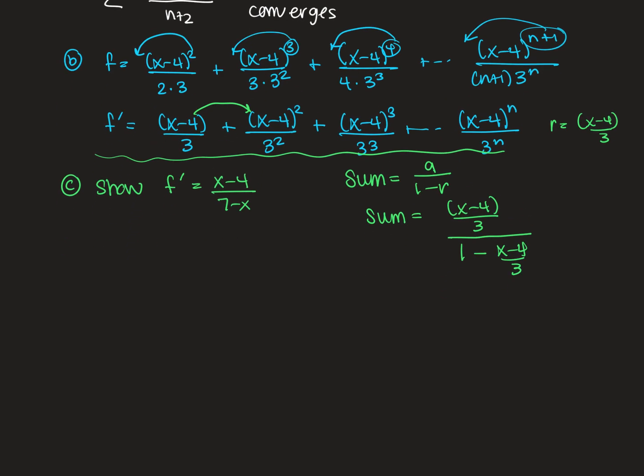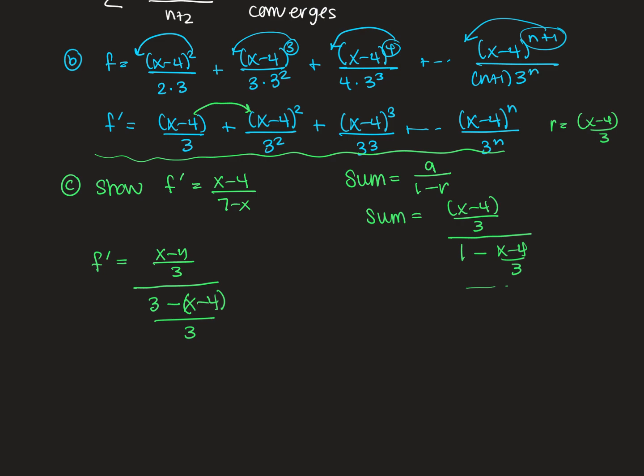And now we just need to simplify this. So f prime is the same thing as (x - 4) over 3. I'm getting a common denominator here, so (3 - (x - 4)) over 3.